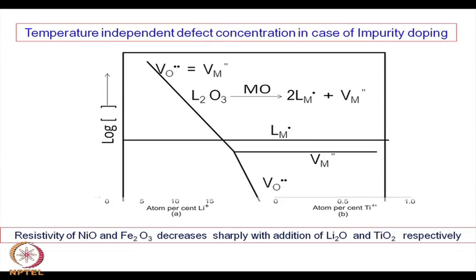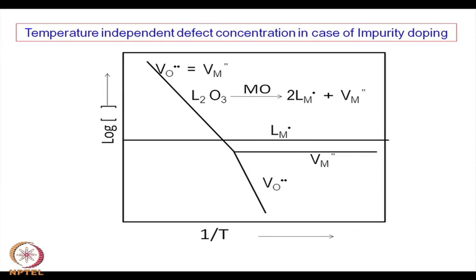So, there is an illustration here of how the defect concentration changes as a function of temperature. The defect concentration has been plotted against 1 by T, and we will see Al is the impurity here.